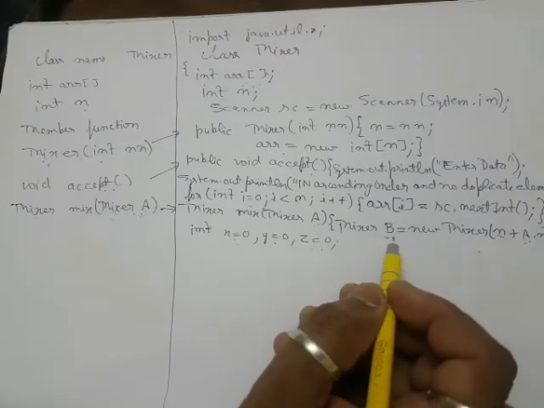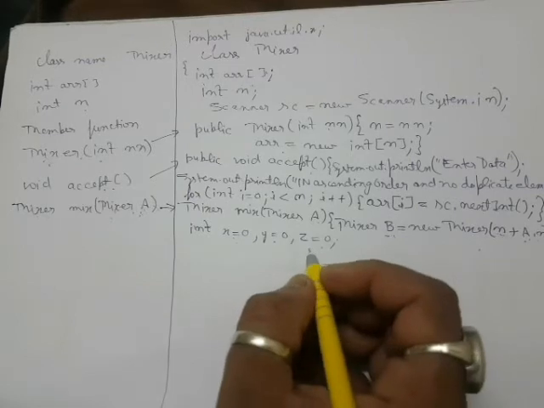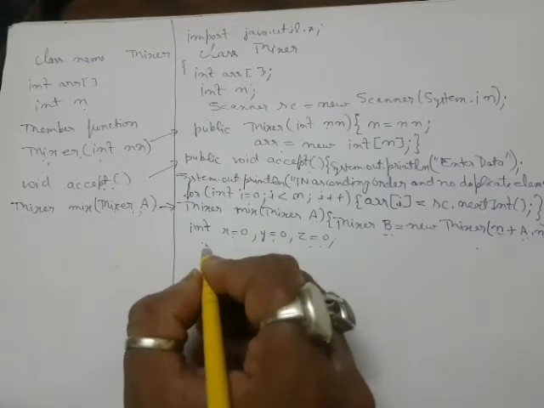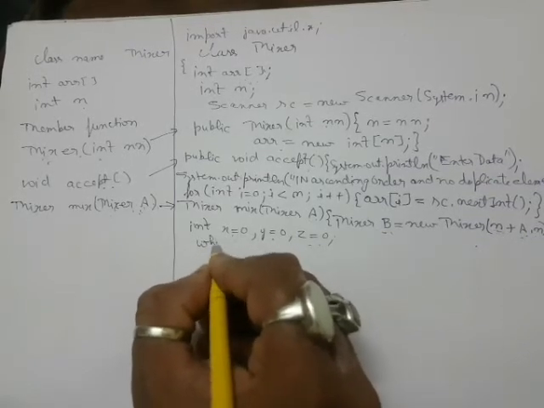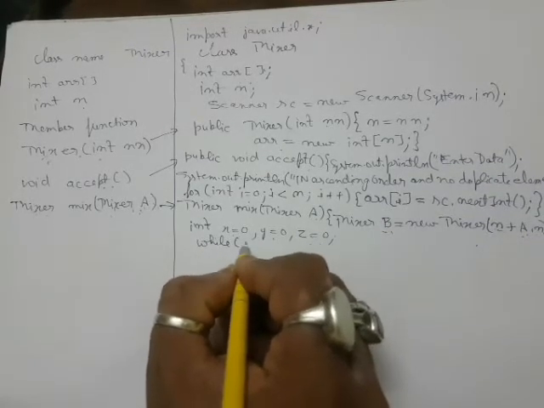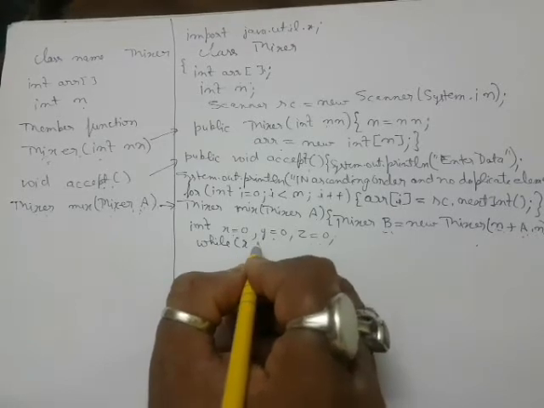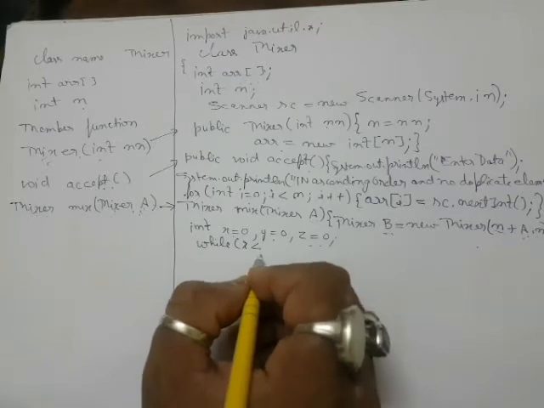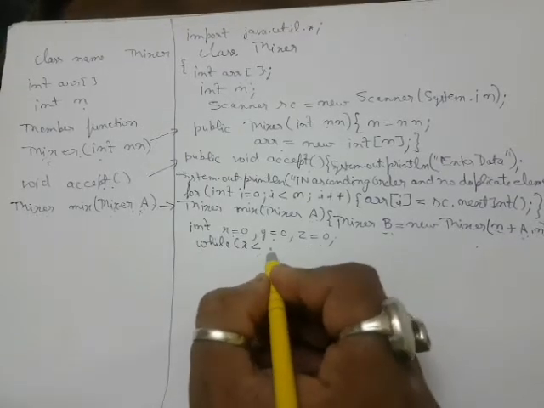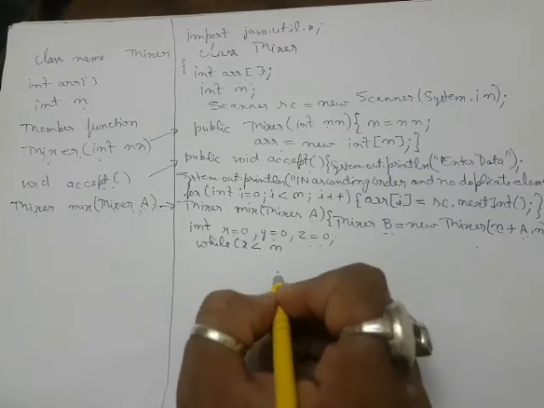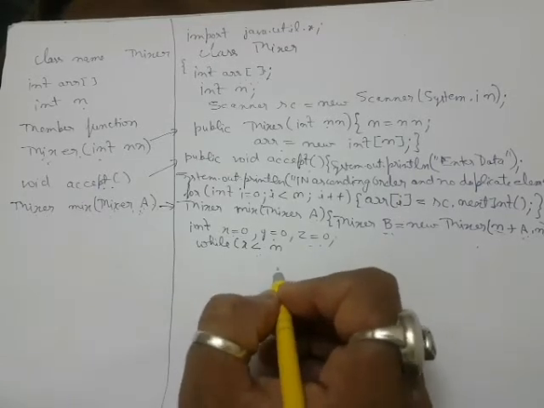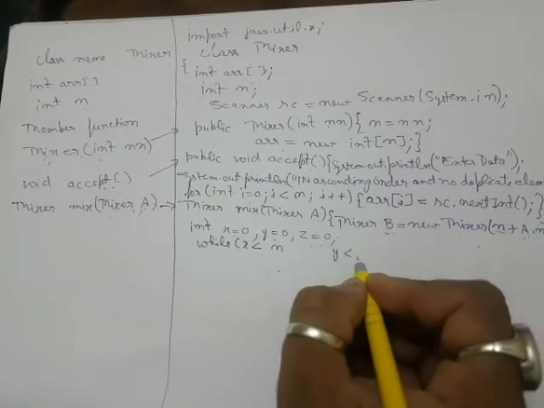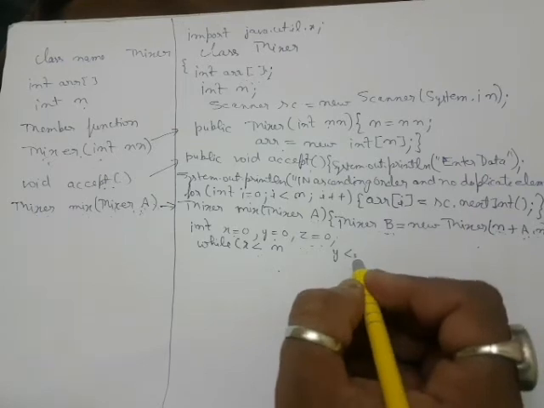Okay, now we start merging the data with the statement, and we see how we do that. So I write here while x less than, always remember that, x less than n. Okay, this is the first array, and here I write y less than, which size will be there, right?